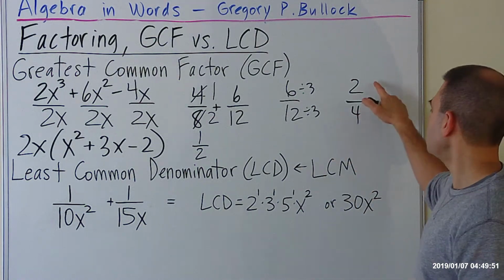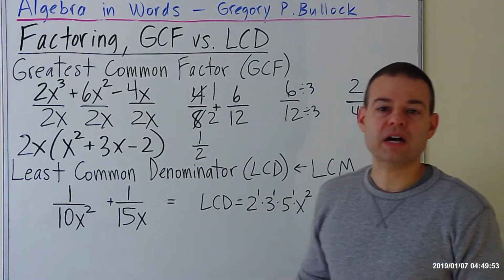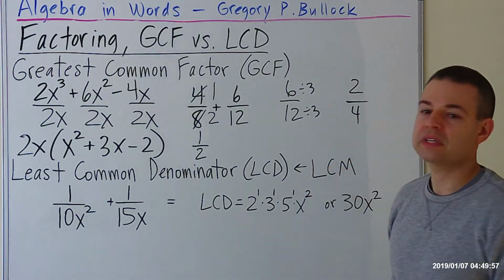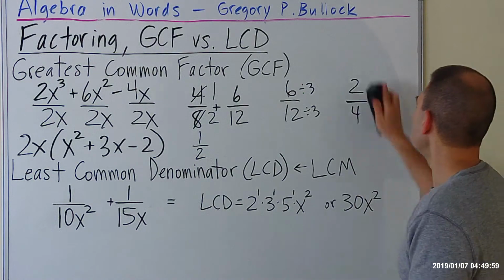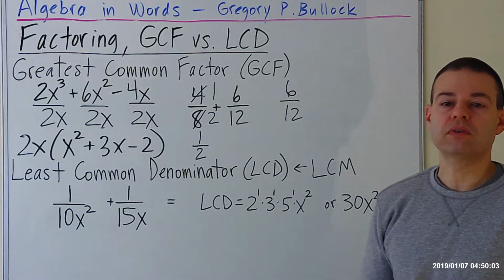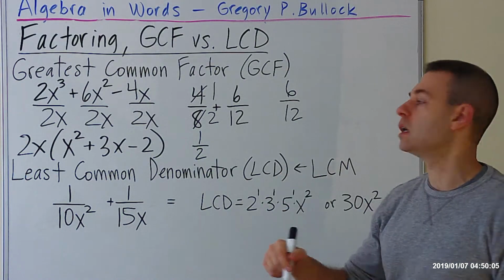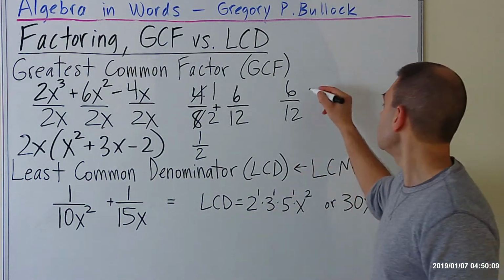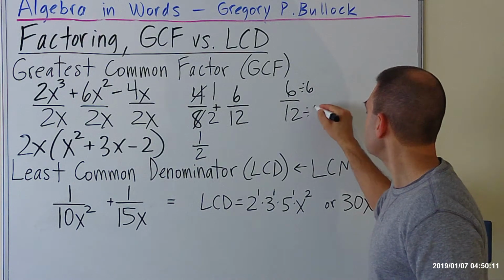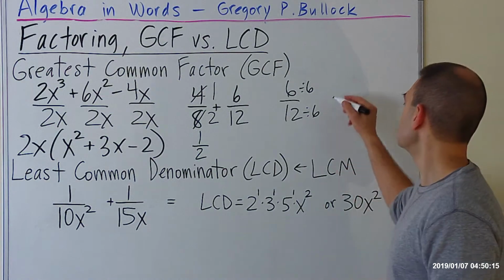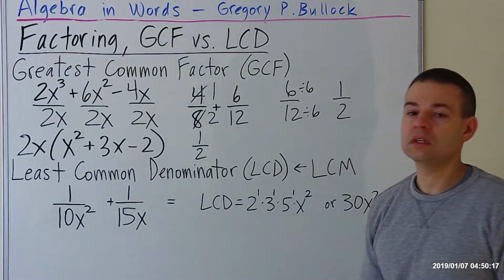But if we look at the 2 over 4, we still have a common factor of 2 in 2 over 4. All right, and that would be reduced down then to 1/2. But if we use the greatest common factor of 6, then we can get to the most reduced form quicker. Again, 1/2.